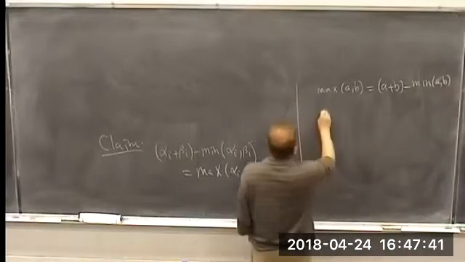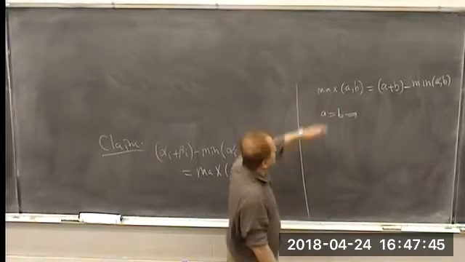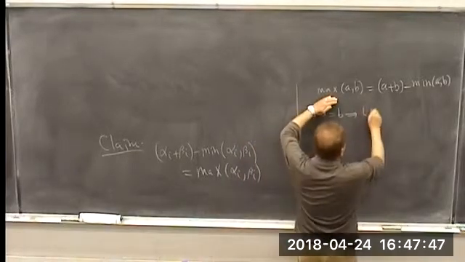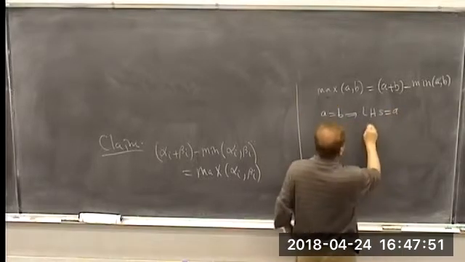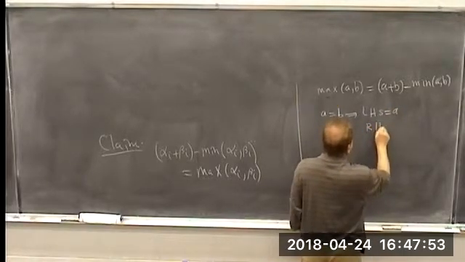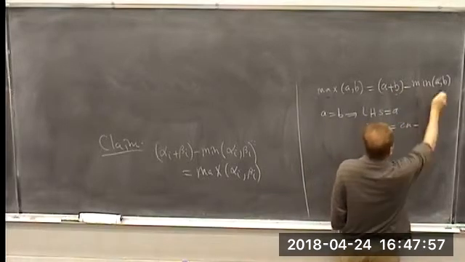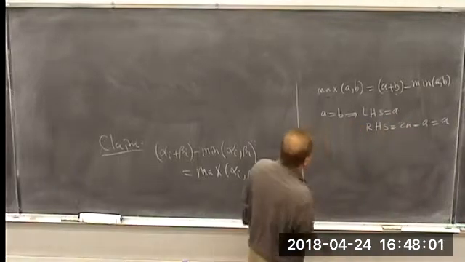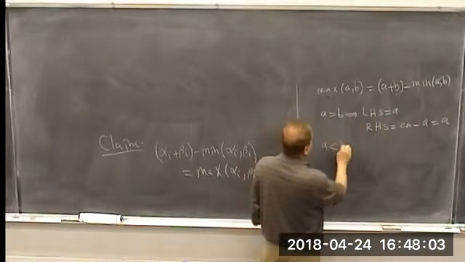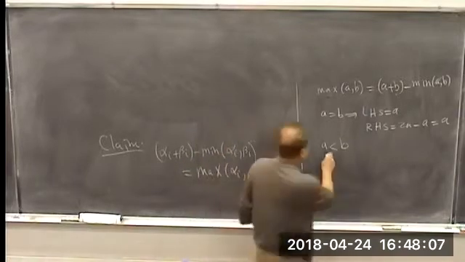Let's take A equal B. This is case 1. Then the left side is equal to A, and the right side is twice A minus the minimum, which is A, and this is equal to A. Let's look at the case where A is less than B, and by symmetry the other case will follow.